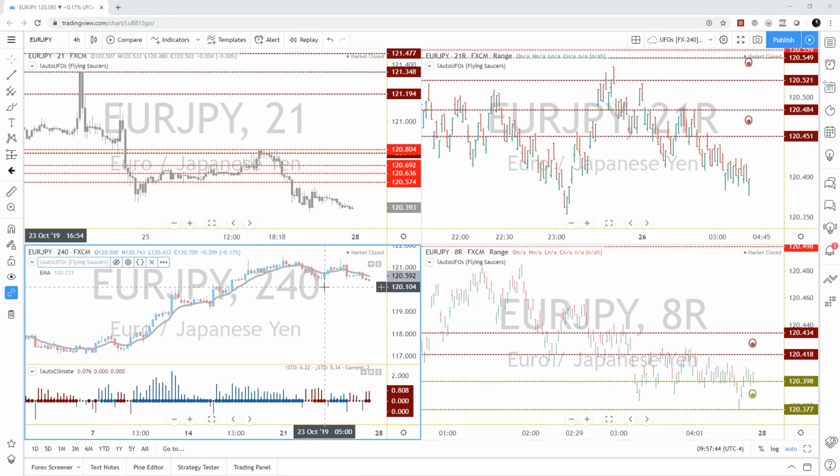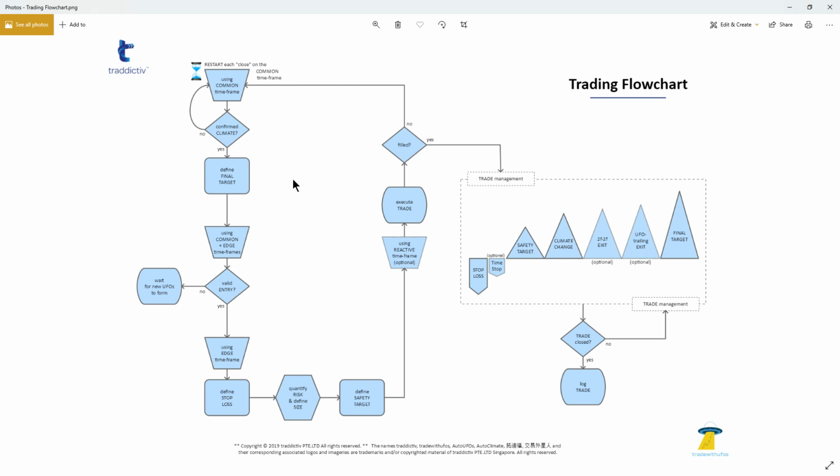Okay, so we continue with the flowchart now, where we had a confirmed climate, and we have a proper target, identified and defined as 120.29.